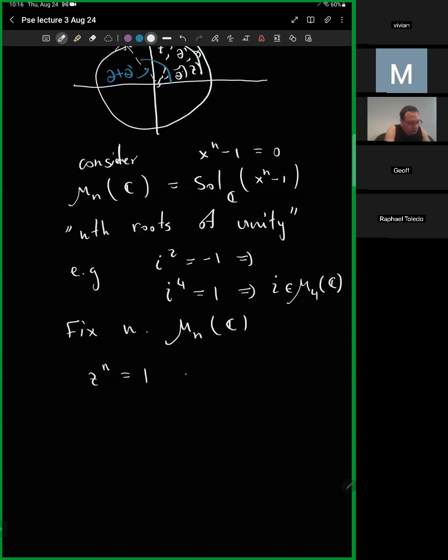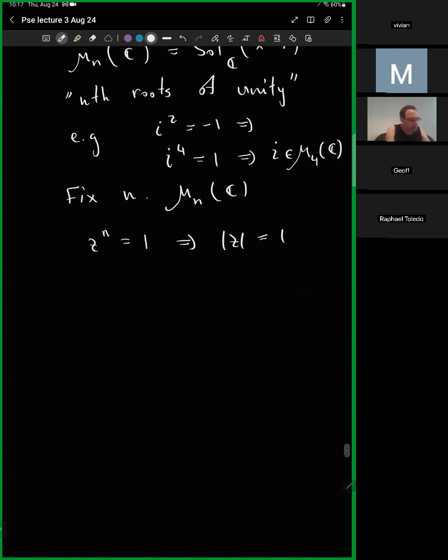It follows that the absolute value of z is 1, because when I multiply complex numbers, I multiply the radii. So the radius must be 1, which means that it is on the unit circle.